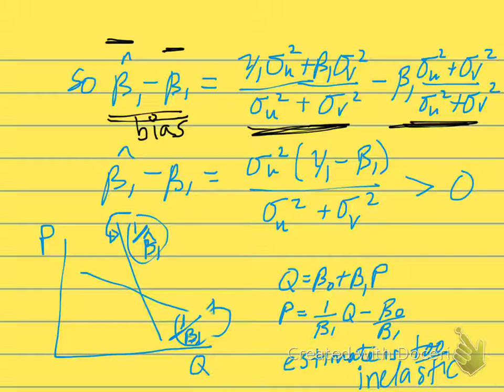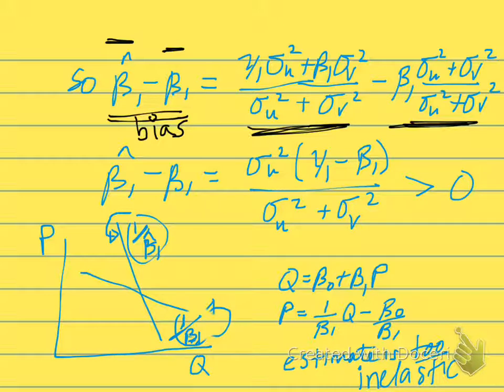But I'm going to use a special kind of 1, which is the denominator here and the numerator, which is the same thing. So this divided by this is just equal to 1, so I'm not changing anything. But now both terms have common denominators, so I can add them up. When I add them up, a couple of terms cancel out.